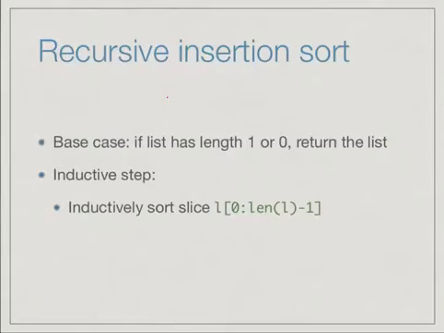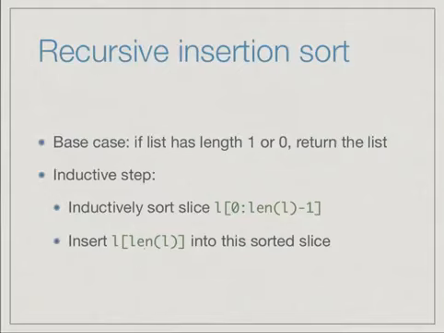So this is the slice from 0 to the length of the list minus 1. Then we take the last position, which is length minus 1. So we take the value at the last position and we insert it into the sorted slice. Right? So we insert the last position into the inductively sorted slice excluding the last position.